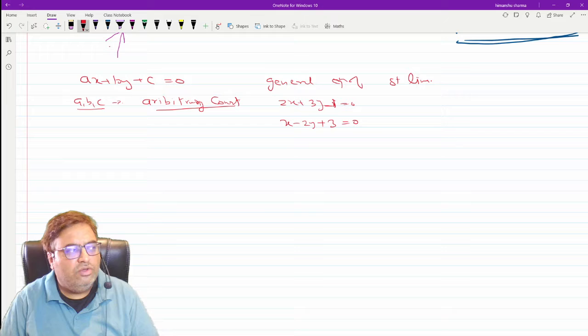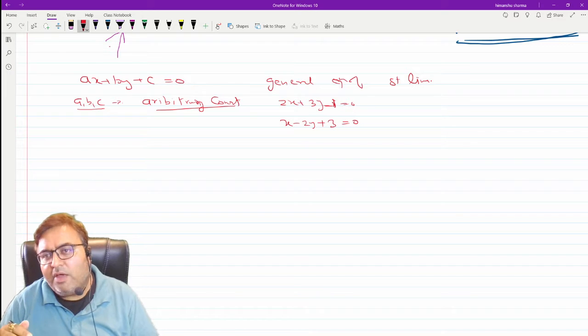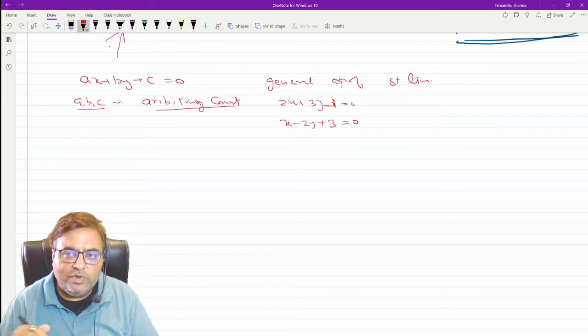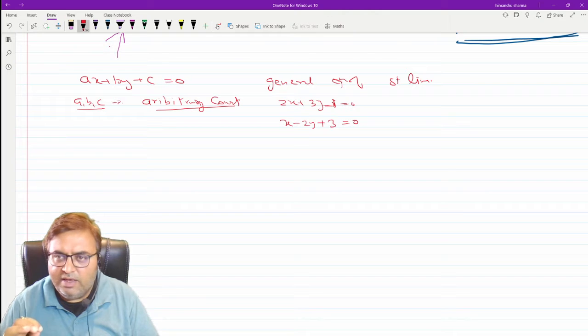Actually there are 3. So for every line we have to find these 3. And how many equations are required to find 3 variables? In order to find 3 variables we require 3 conditions. But as you remember, if I give you 2 points, can you find the equation of straight line?